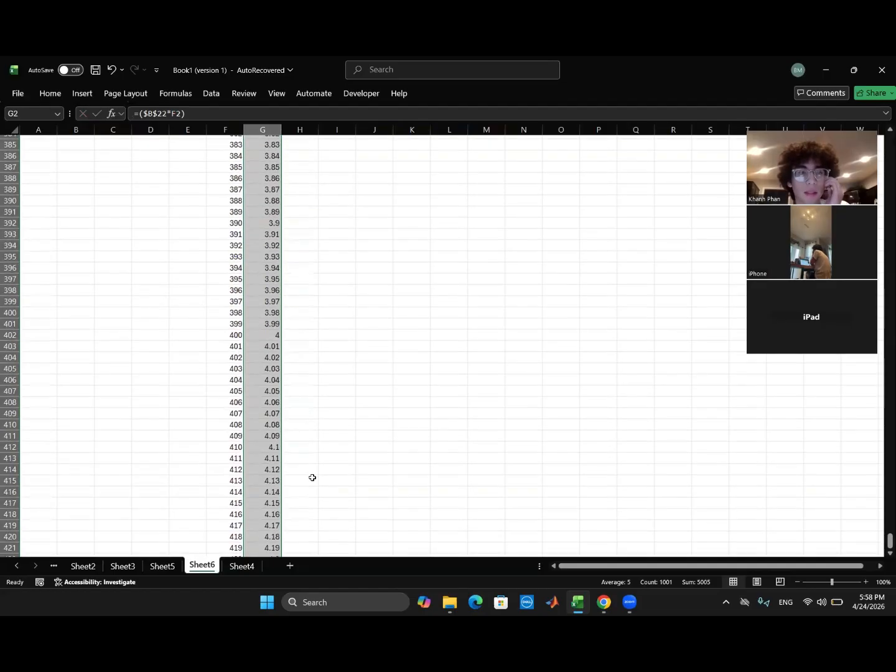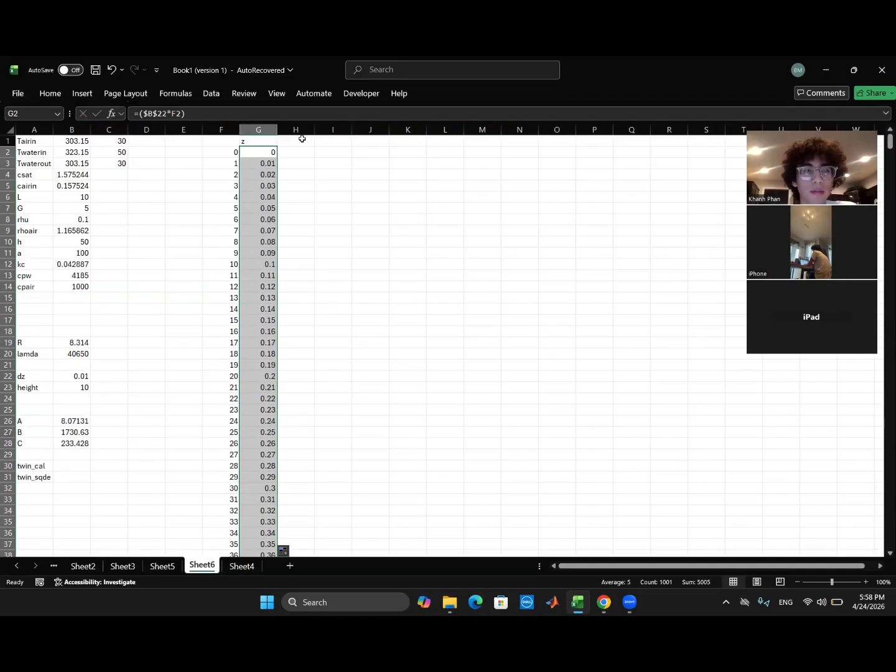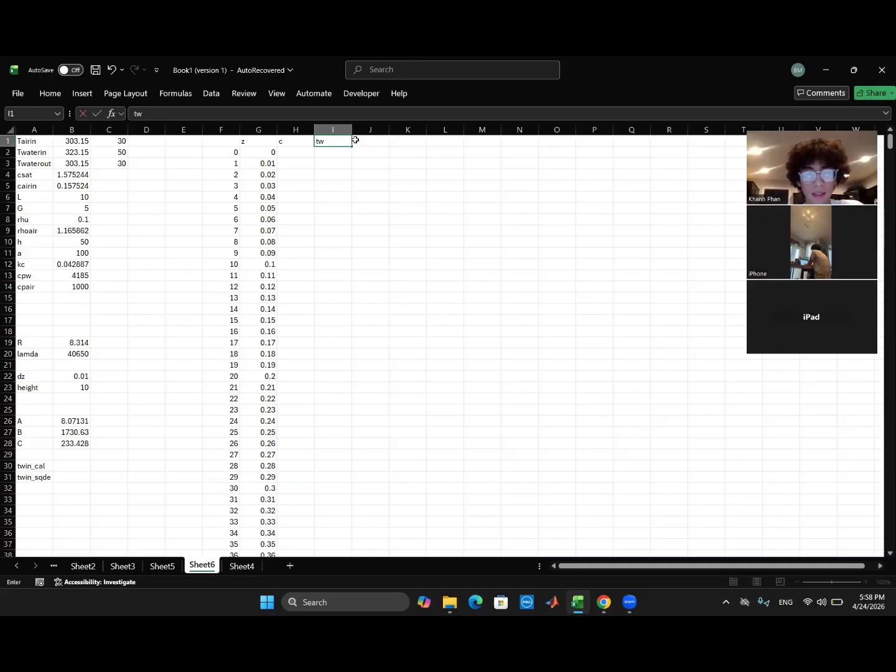All right. So first we need to define C, which is concentration, and then T water in, T water, T air. So at Z equal to 0, it's the inlet, okay?